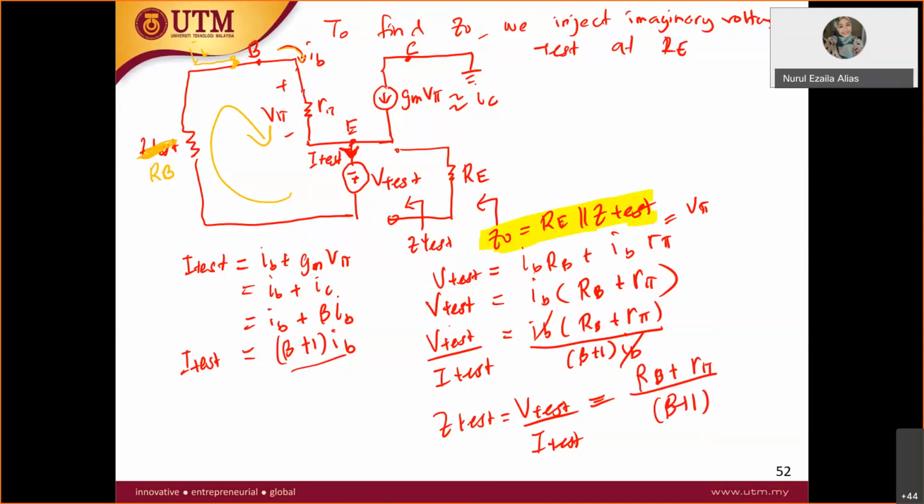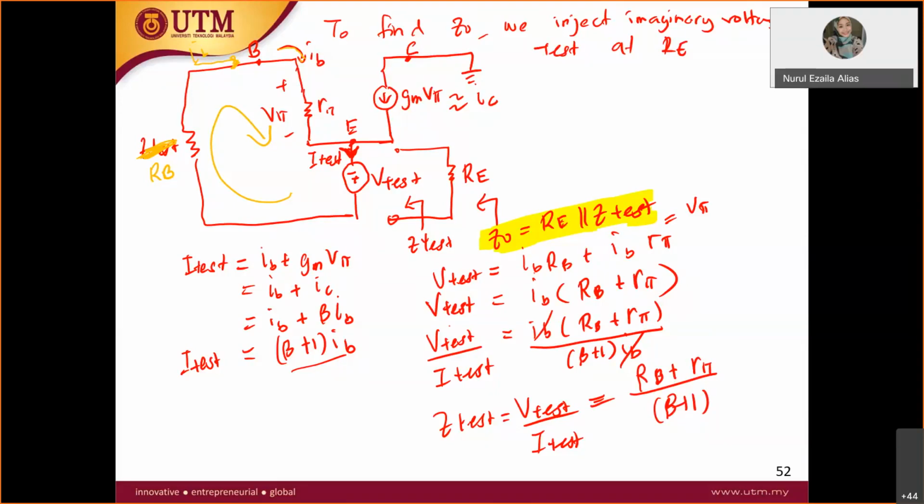Sometimes you cannot actually say that Z naught is approximately equal to RE. Cannot, okay? It's because Z test in this case, common collector, is not as large as Z test in the common emitter and bypass. So you cannot ignore this. You have to use this as well.